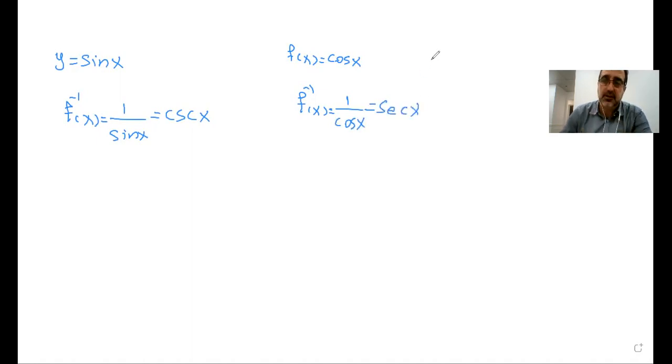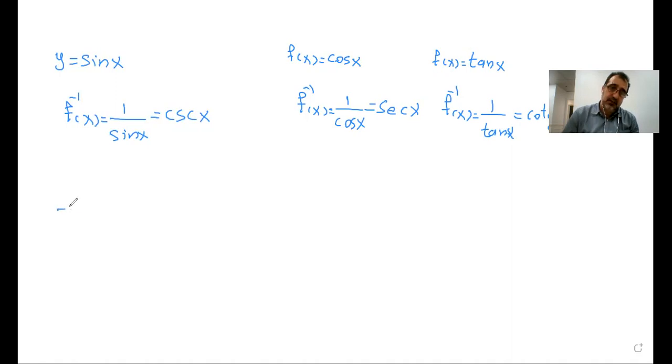Another function, f(x) is tan x, and its reciprocal is 1 over tan x, which is cotangent x. These are very important. And I'm going to have a quick review on the cosecant.